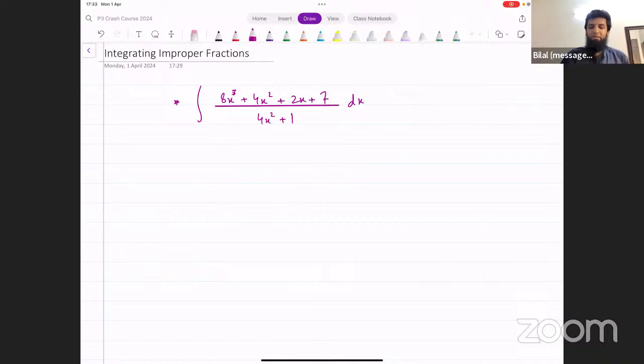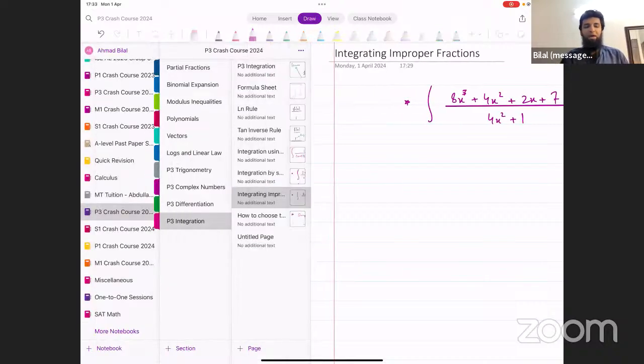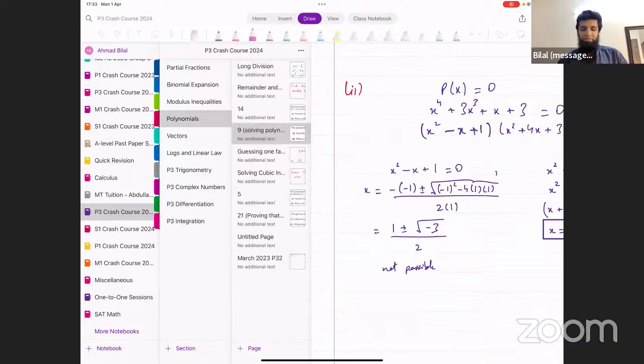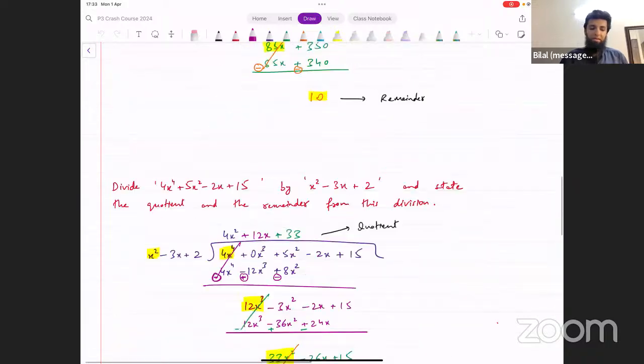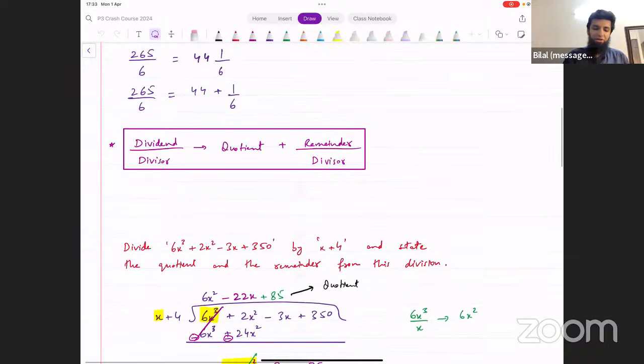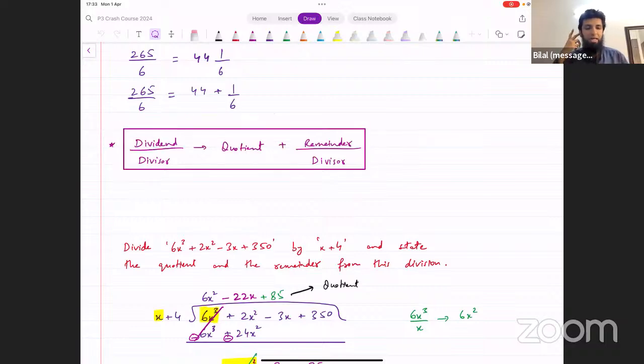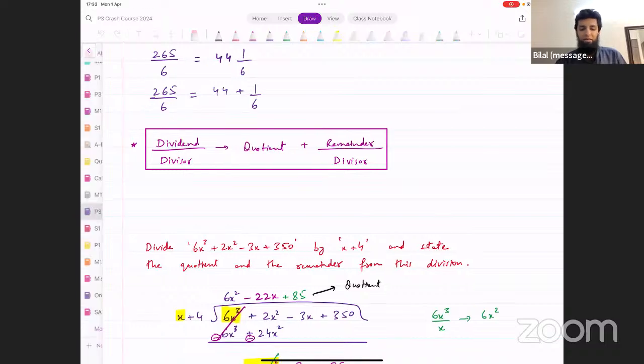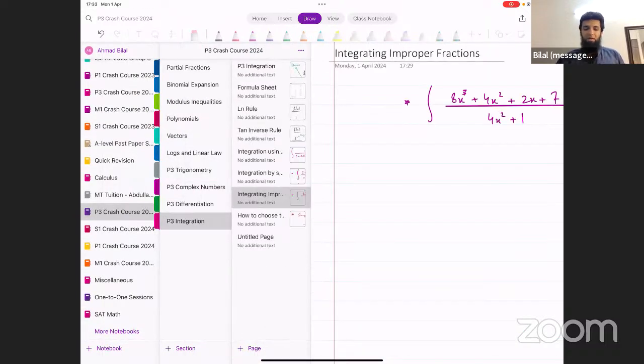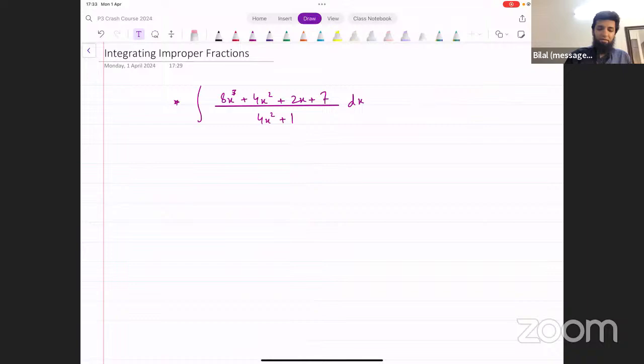Now for this, again, let me remind you of another topic that we did earlier, polynomials. In polynomials, we talked about this relationship between dividend, divisor, quotient, and remainder. And I told you this is going to come in handy later as well. Now, this is where we actually are going to use that.